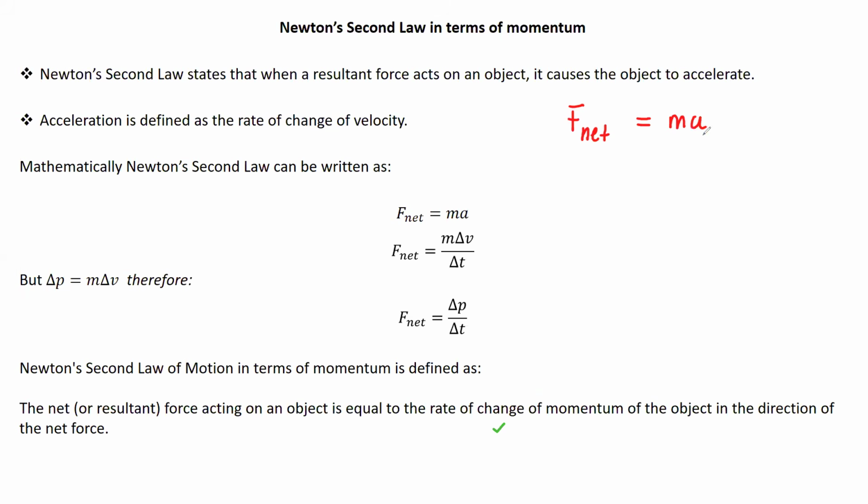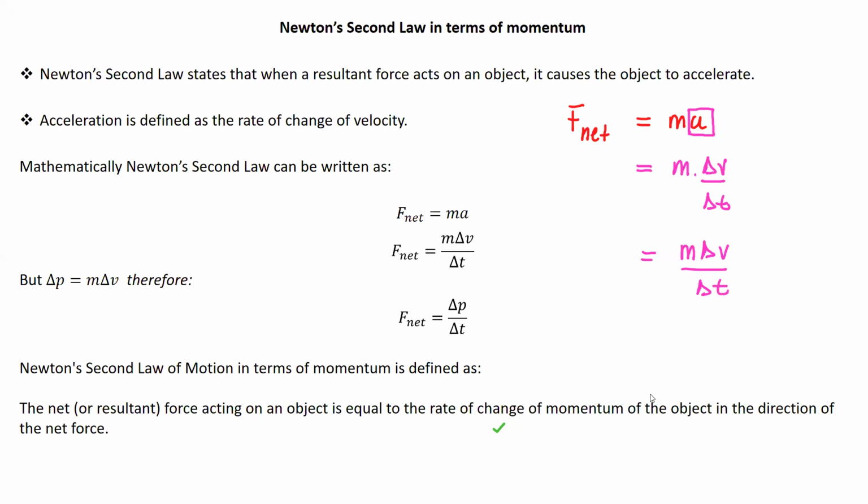Earlier on, I said to you, acceleration is actually the rate of change of velocity. If you combine the maths, it becomes m delta v over delta t.